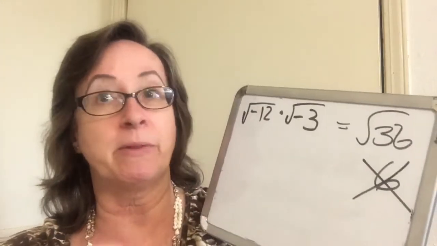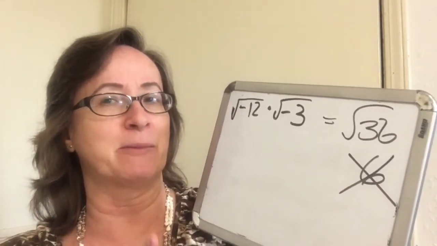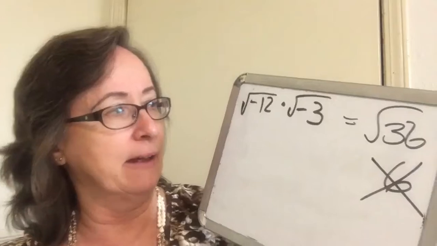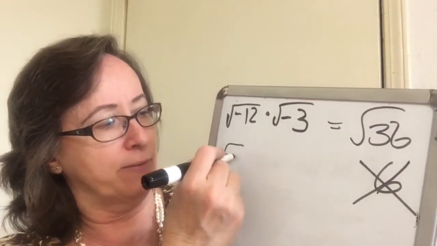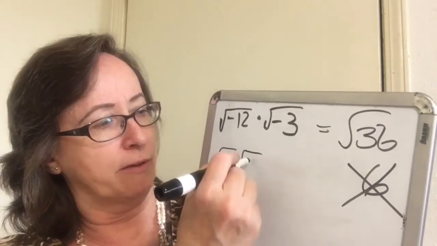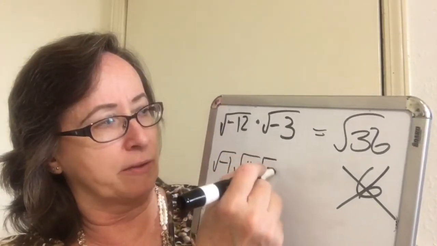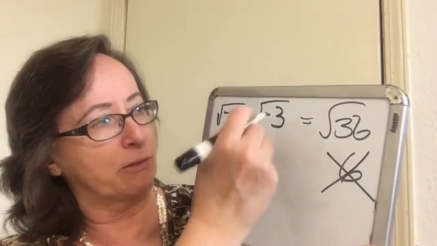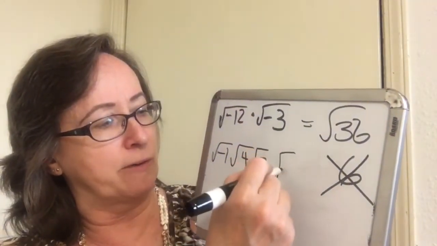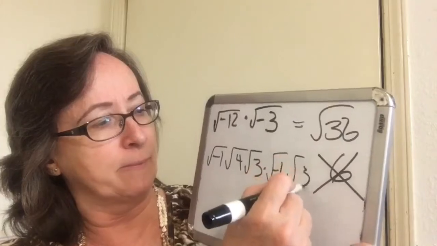Remember, the first thing I do with imaginary numbers is I pull out the i. So I'm going to write this as square root of negative 1, square root of 4, square root of 3. That's all the 12, right? And then the square root of negative 3 is the square root of negative 1, square root of 3.